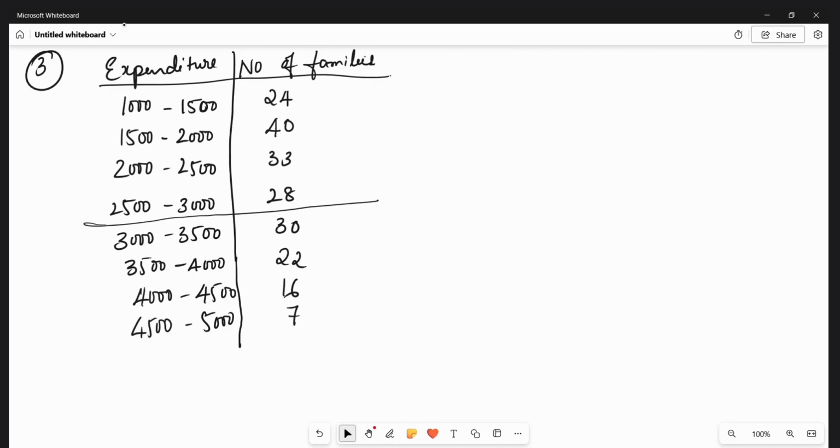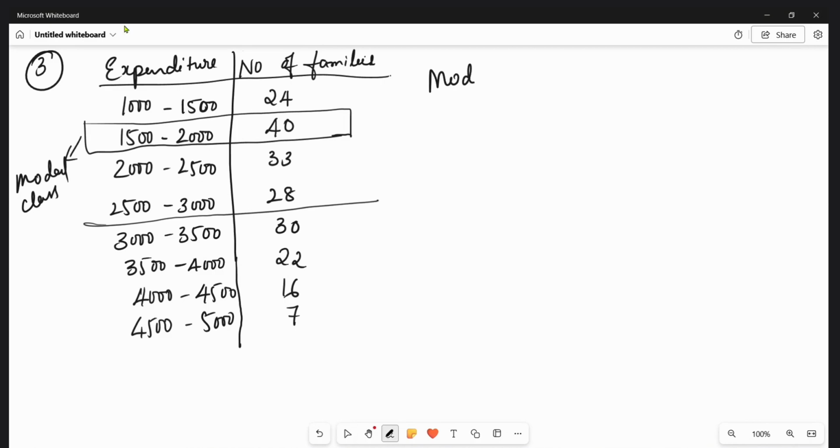So which is the modal class here? The highest is 40, correct. So that is 1500 to 2000, it is the modal class. So 1500 to 2000 is the modal class what we get, because it is having the highest frequency.